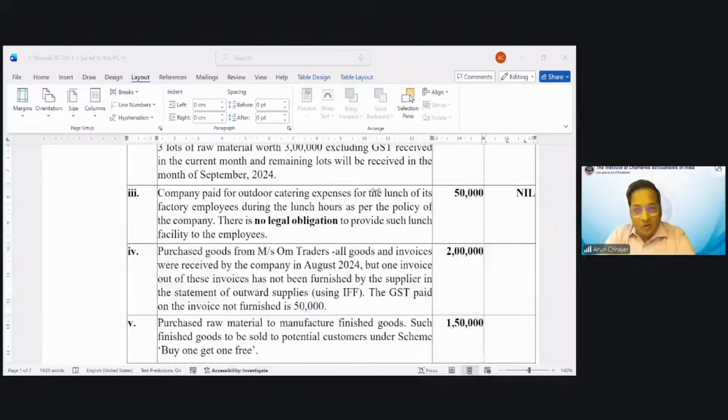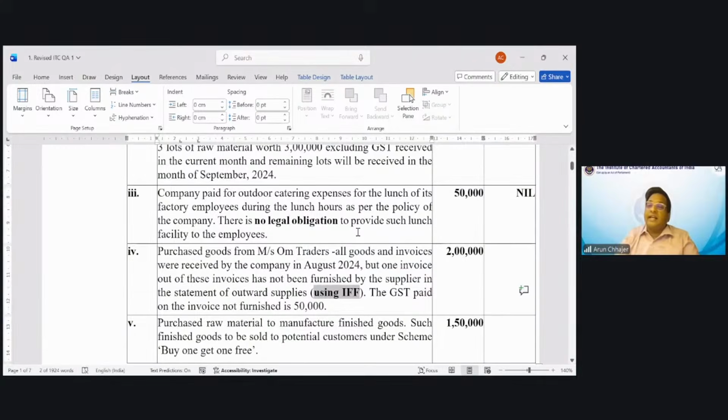See, you are not eligible to take the ITC. That is okay, no problem. Your conclusion is correct. Now I am saying that if it is not furnished by the supplier in IFF, then what is the problem? The supplier should file in GSTR1, 1A or IFF.